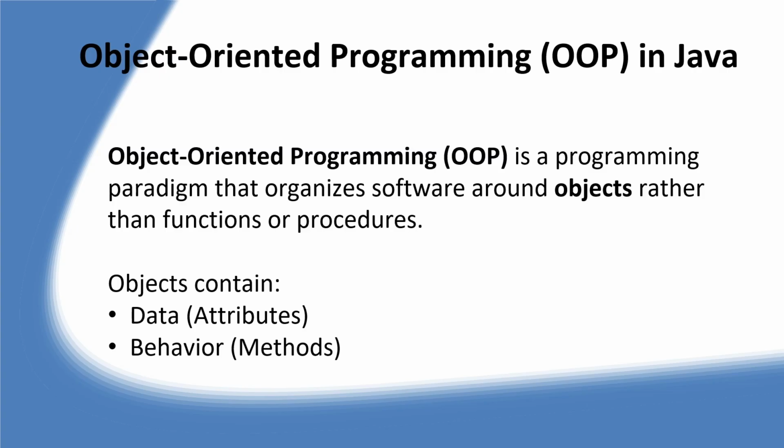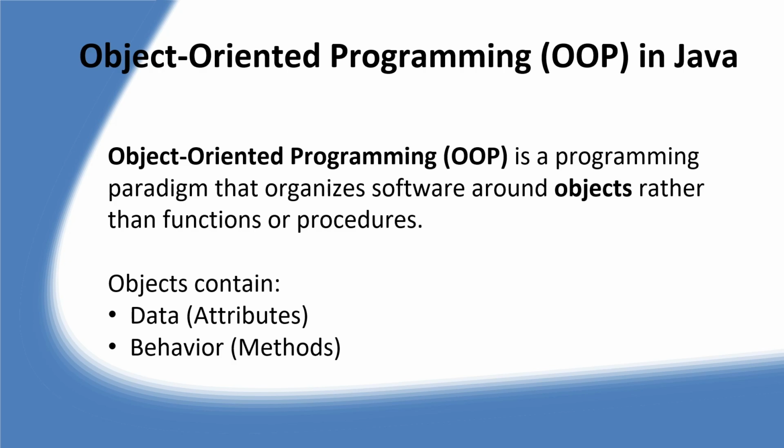In this video, we will learn about one of the most important concepts in Java, that is object-oriented programming. It is commonly known as OOP. So we will understand what OOP is, why it is used, and we will see real-world examples and the core principles of object-oriented programming.